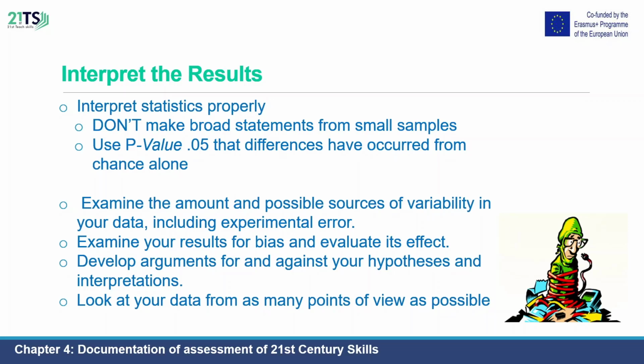Examine your results for bias and evaluate its effects. Develop arguments for and against your hypothesis and interpretation. Look at your data from as many points of view as possible.